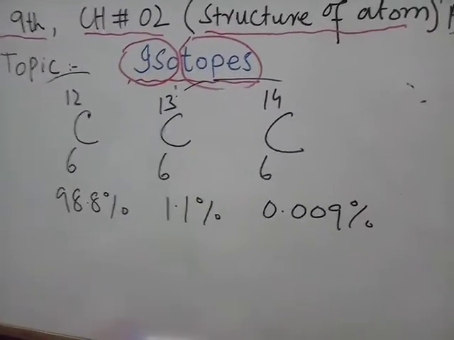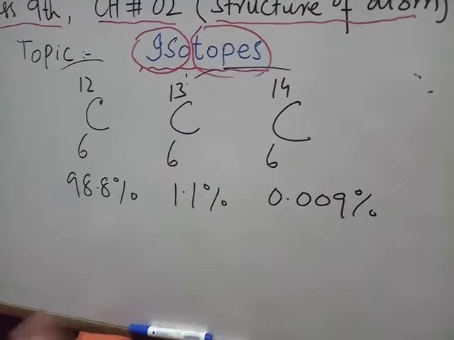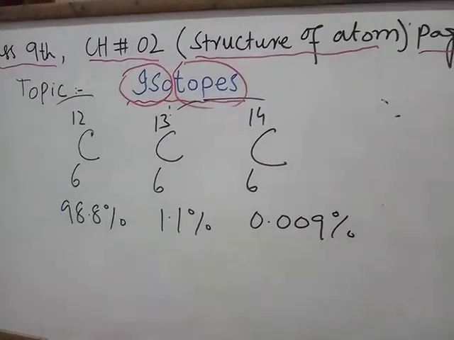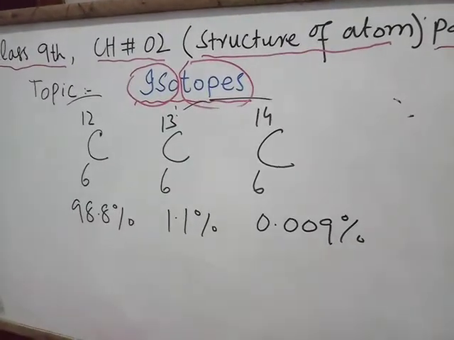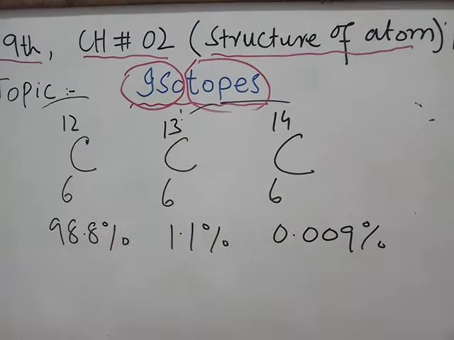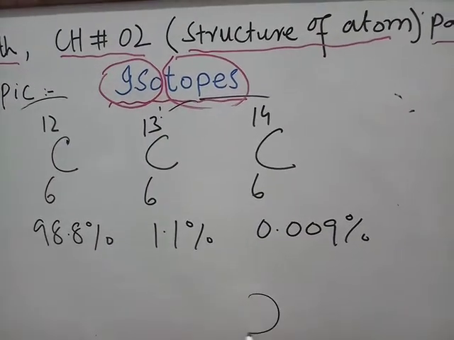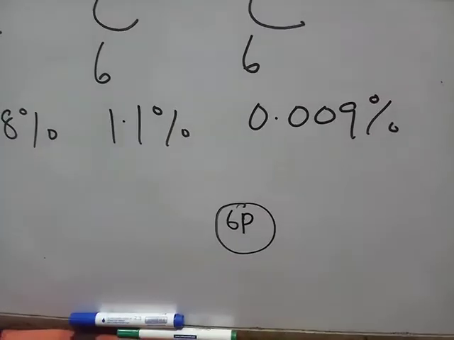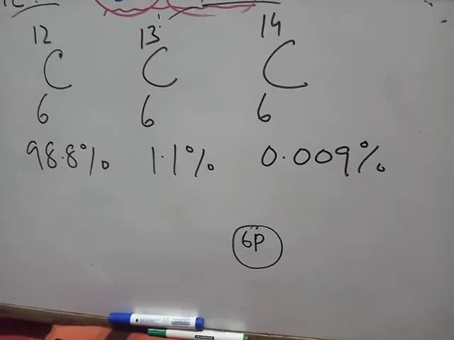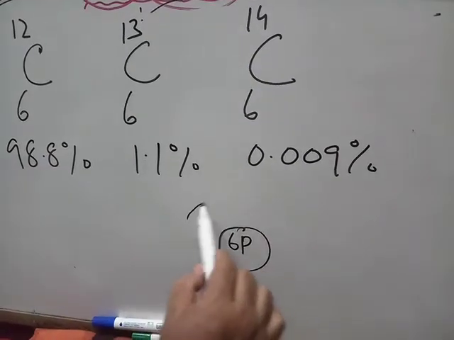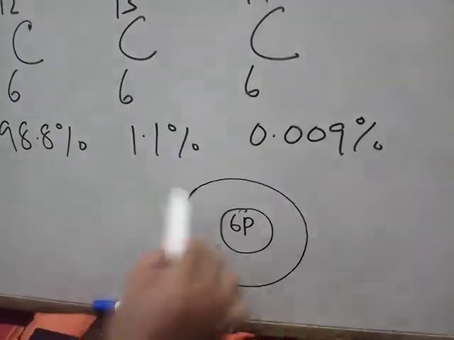You must be able to draw their structures. For example, if you want to draw its structure, what will you do? Let's say I am going to draw the structure of this carbon. What is the atomic number? 6. So this is the nucleus. Put 6 protons. You know, the number of protons and electrons are equal, so let me put 6 electrons.